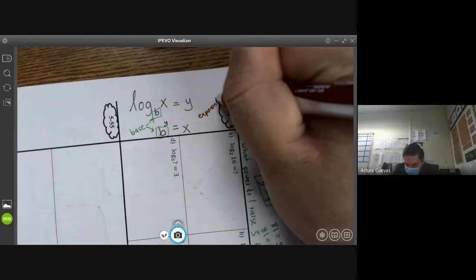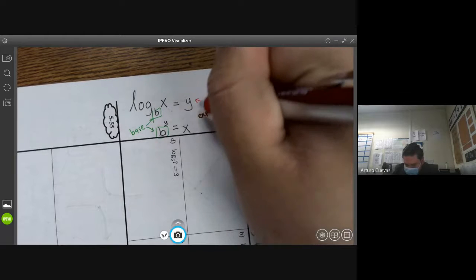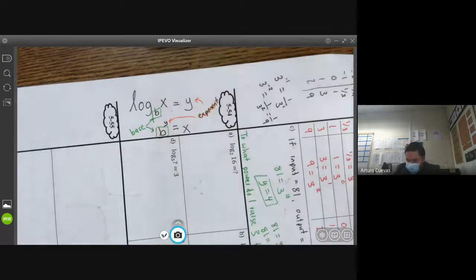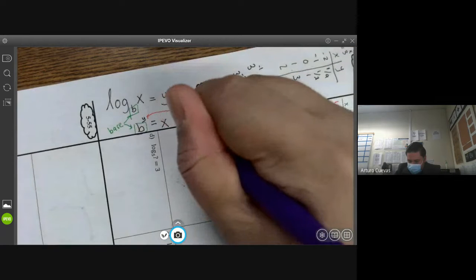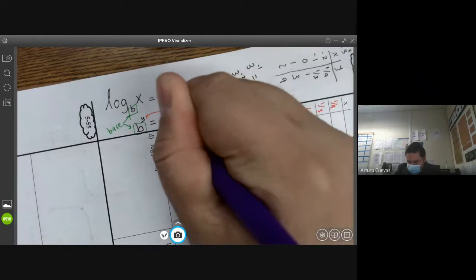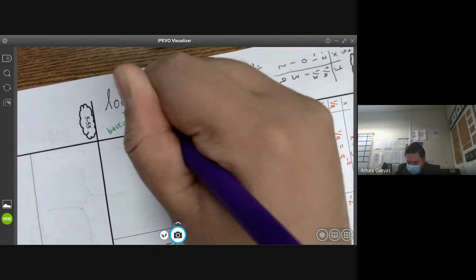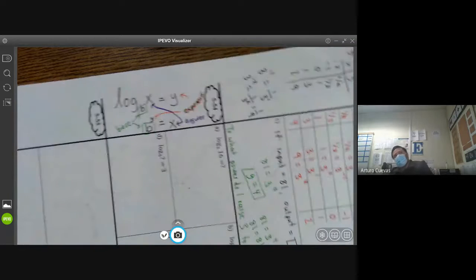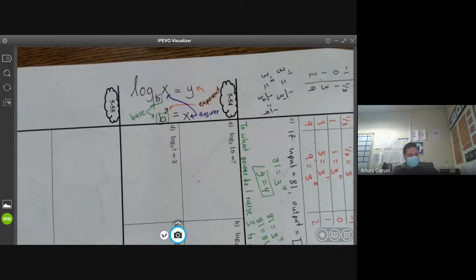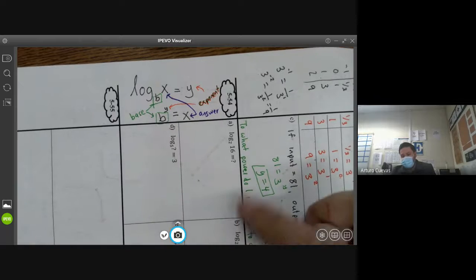They also both have an exponent. And they also both have the answer. Okay, so we're gonna refer back to these notes to do these problems.